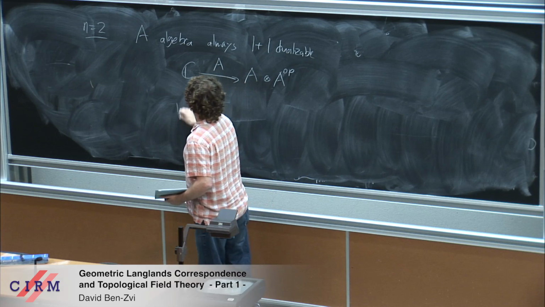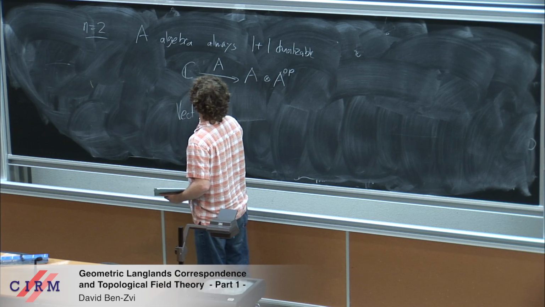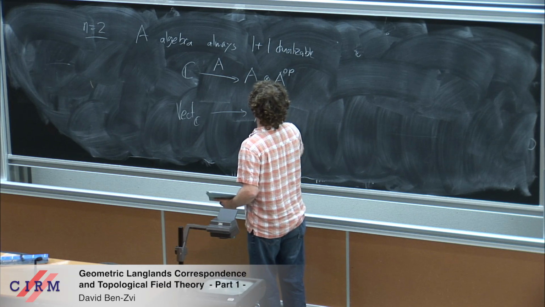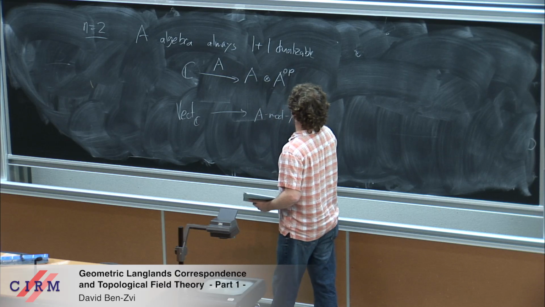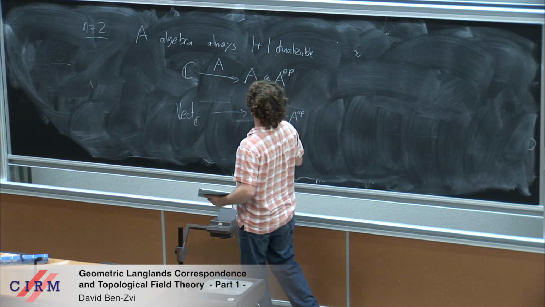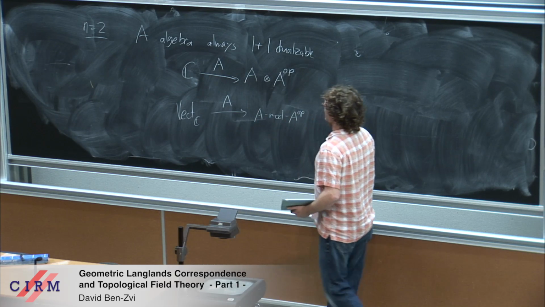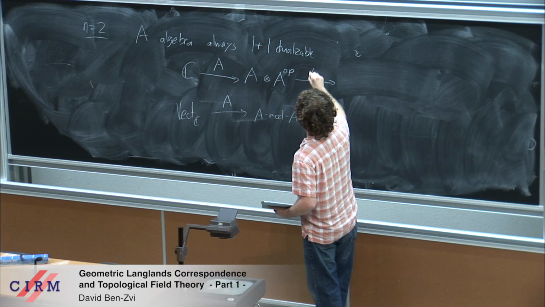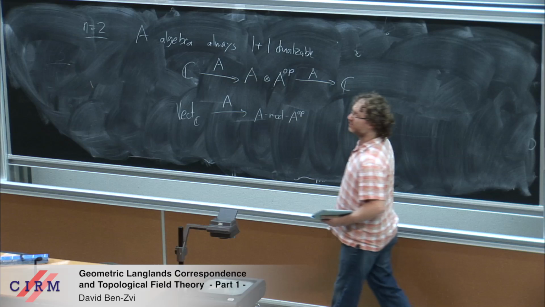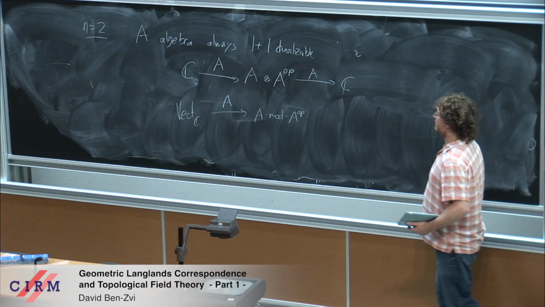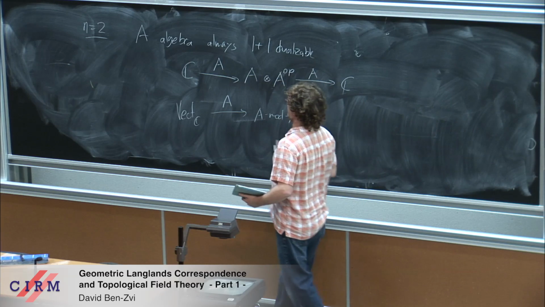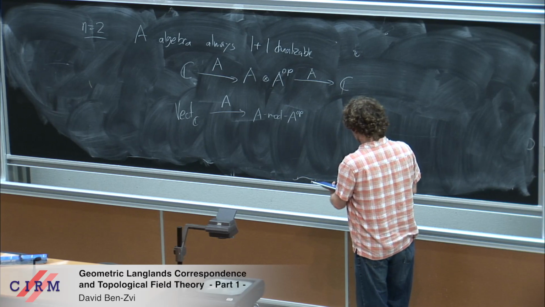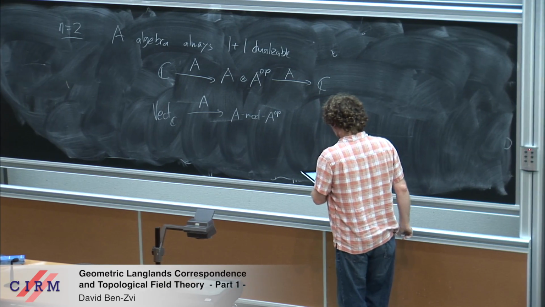By passing to categories of modules, A defines a functor from Vect to A-mod-A op. Just take the one-dimensional vector space to A. And so that defines the co-evaluation. I also can use A to define the evaluation. So we always have these evaluation and co-evaluation maps for any associative algebra, and so that makes it one-dualizable.